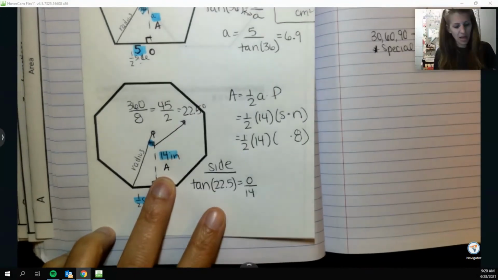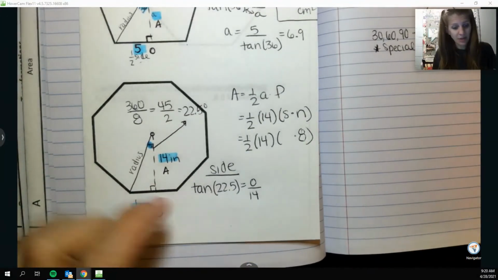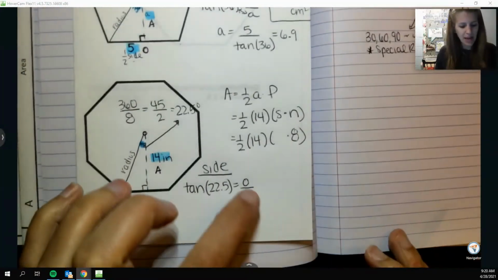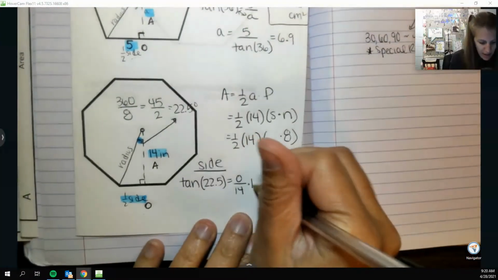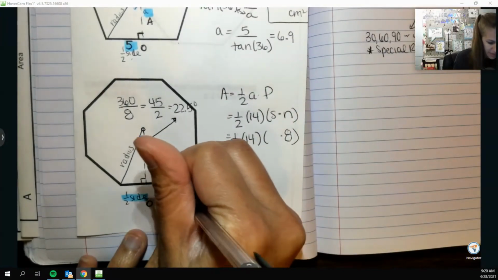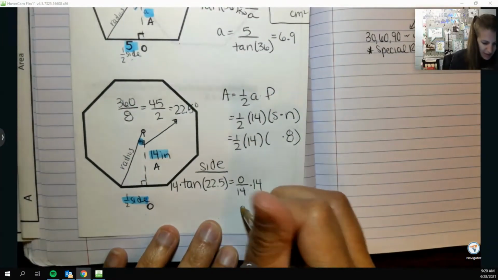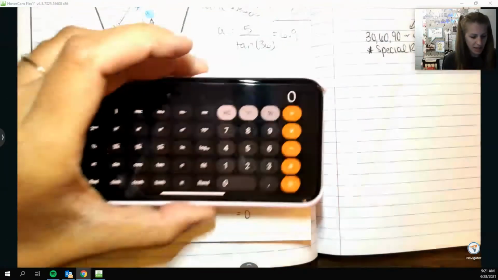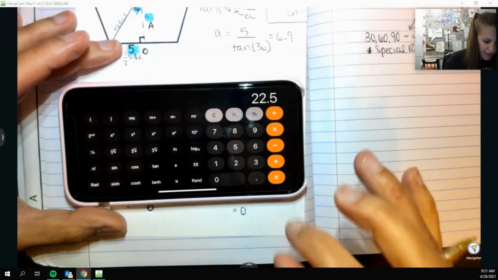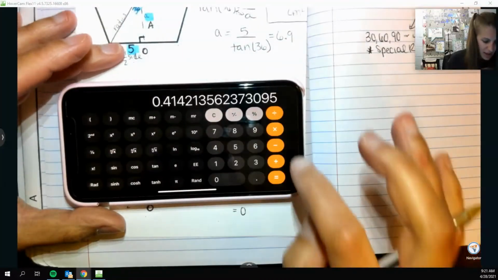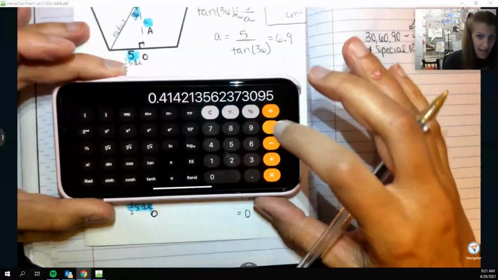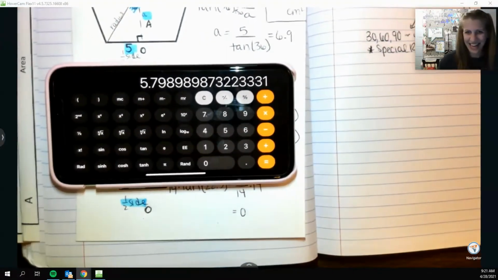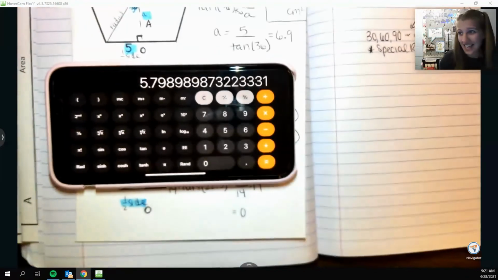So this one is similar, but it's a little different. Like this one, the unknown was under, so I did the little swap. This time my unknown is on top, so I just multiply by 14. And then we'll have the opposite side alone. And so now I need to use my calculator, and we'll do 22.5 and take the tangent and then multiply by 14. And then we're going to have to double it.